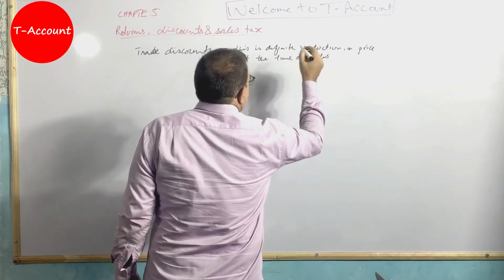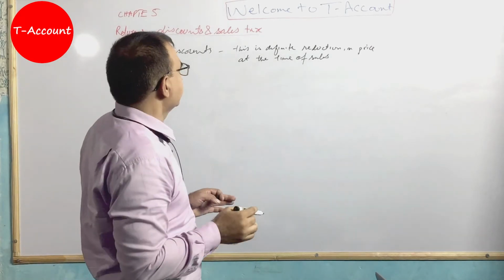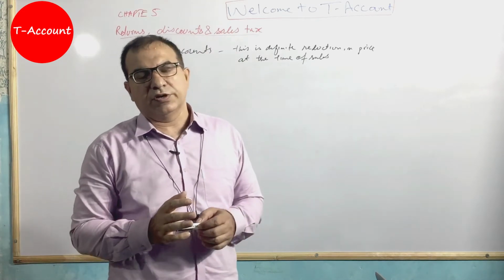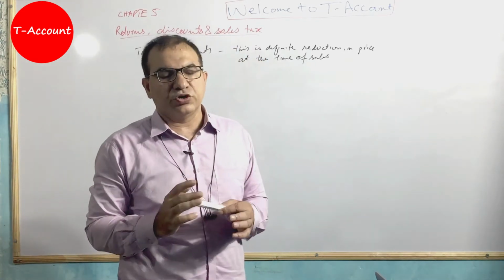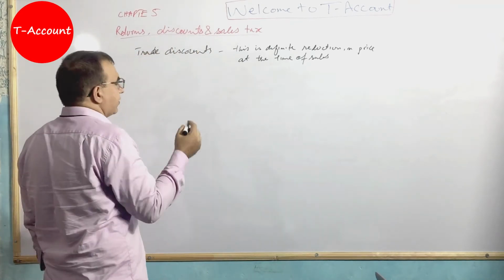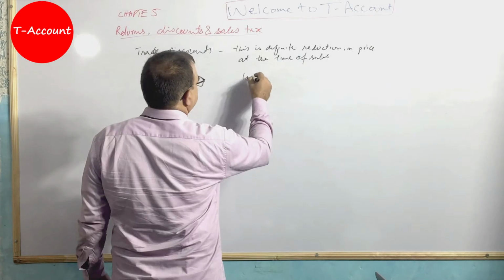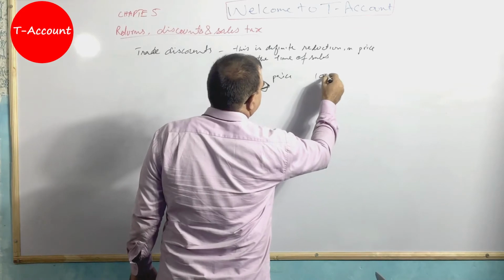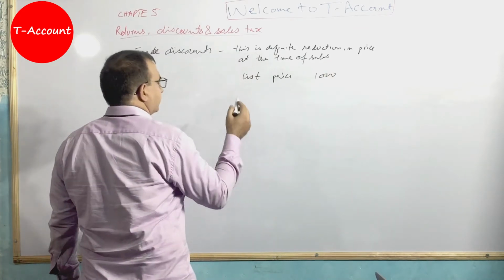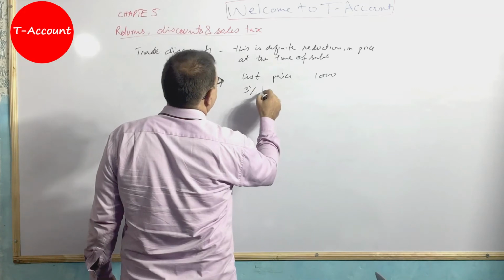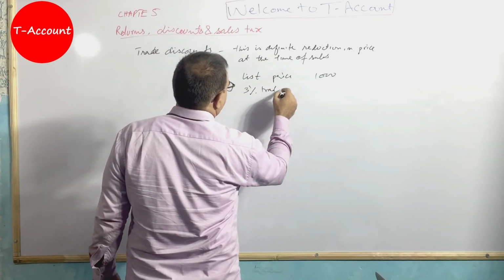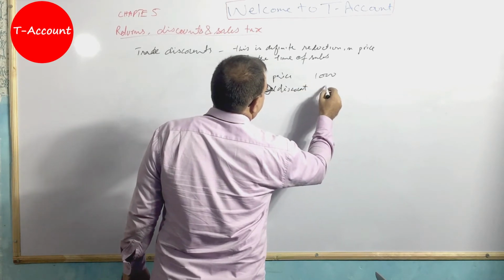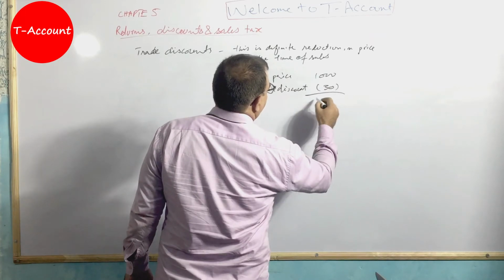So at source, when the sales is being booked, you are aware of the discount we are giving, so you know the actual price, the actual value of your sales. For instance, if you are selling goods, let's say the list price is 1000 and you offered 3% trade discount, and it became 970.